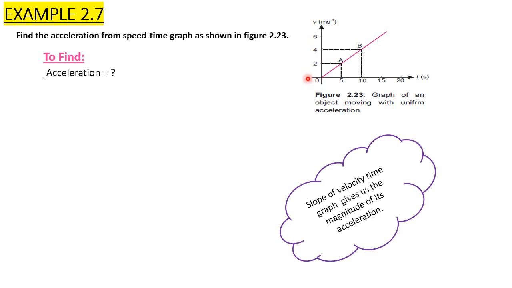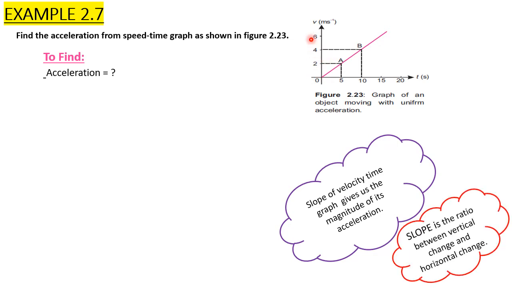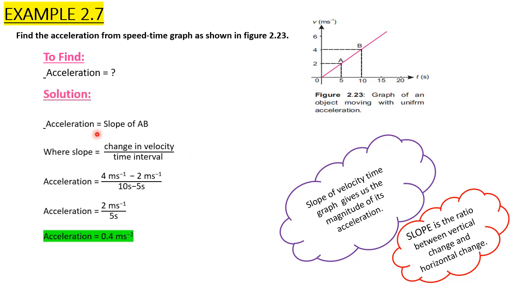And what is slope? If you remember, we have discussed it thoroughly, that slope is the ratio between vertical change and horizontal change. So acceleration is equal to the slope of the line AB, whereas the slope is change in velocity divided by the time interval taken by the body.